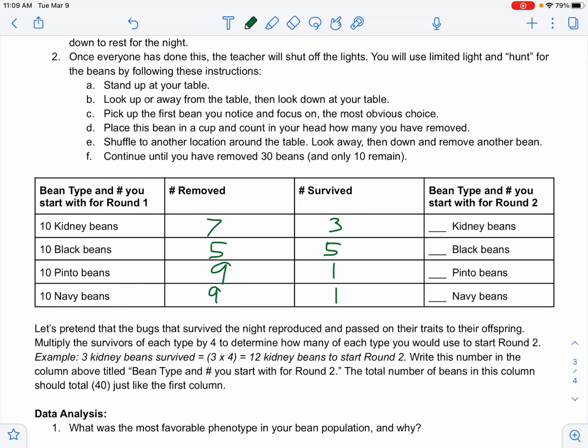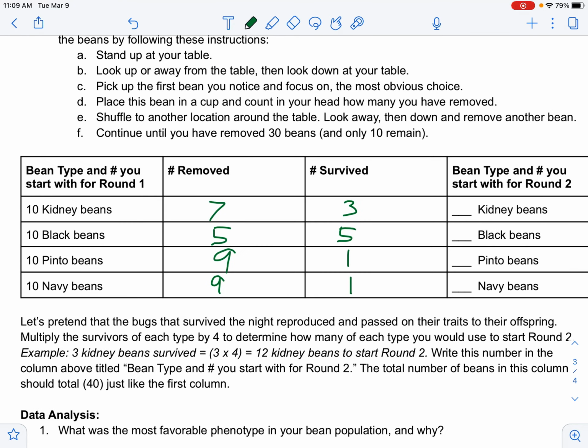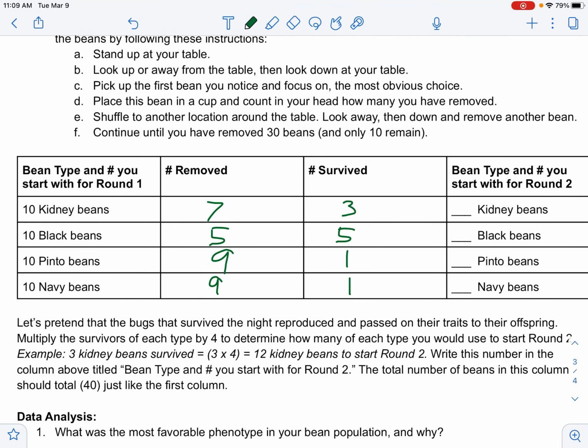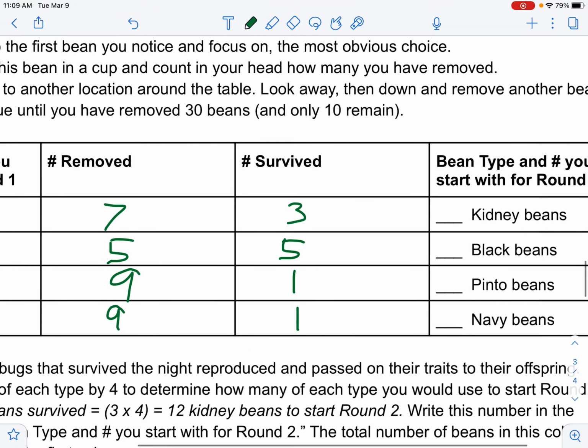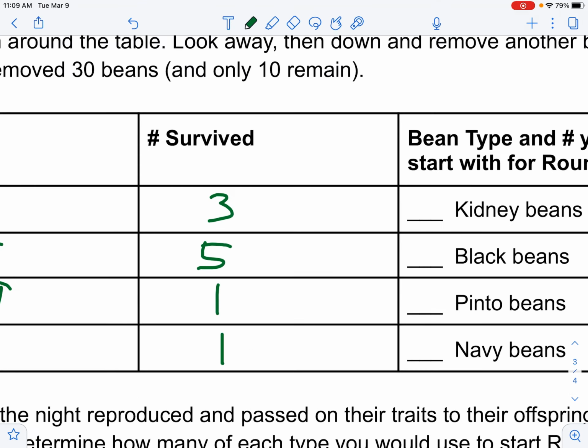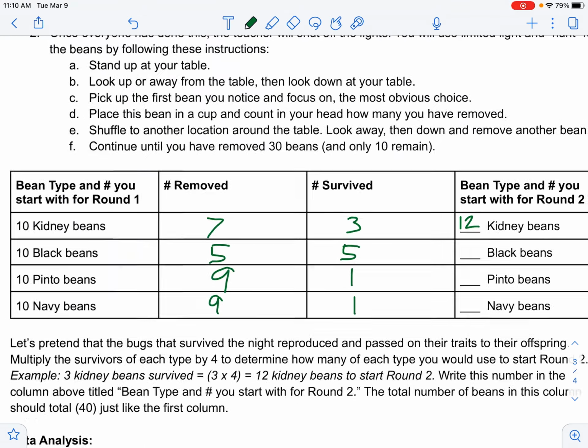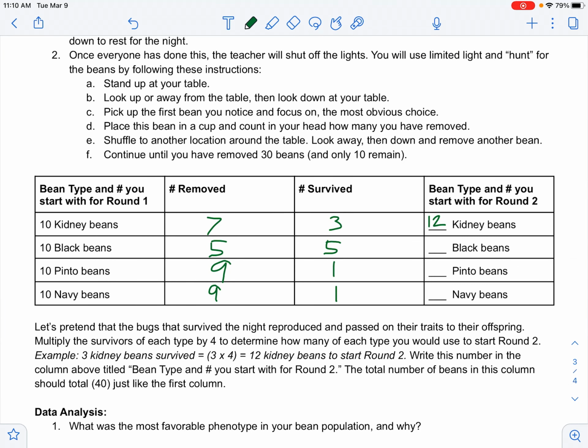If 3 kidney beans survived, then those 3 might be able to reproduce. I'm just going to use a multiplication factor of 4. So 3 times 4, and a couple days or weeks later, we're going to have 12 that are kidney bean like variety.